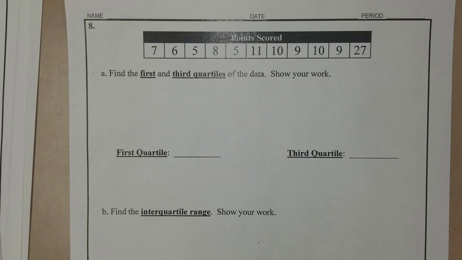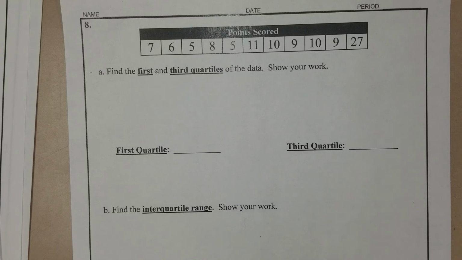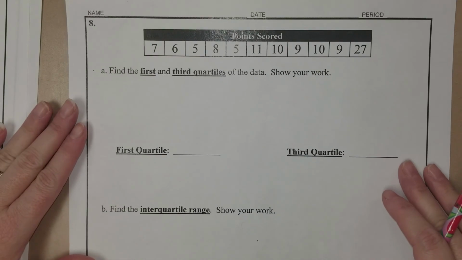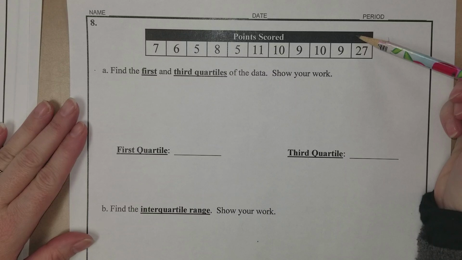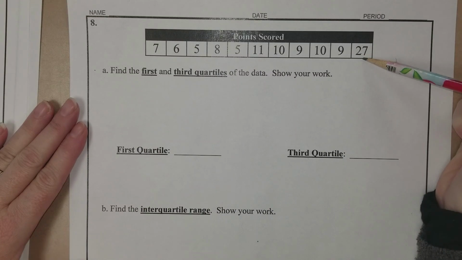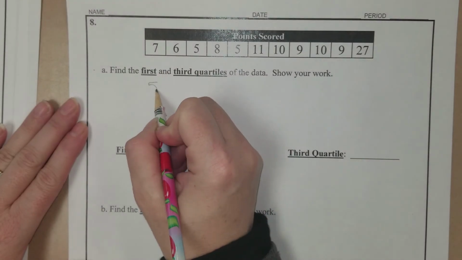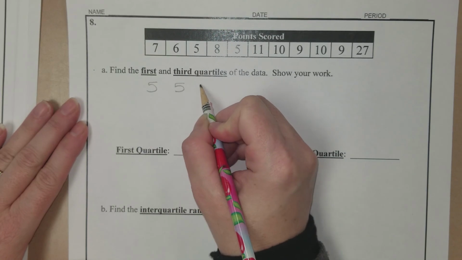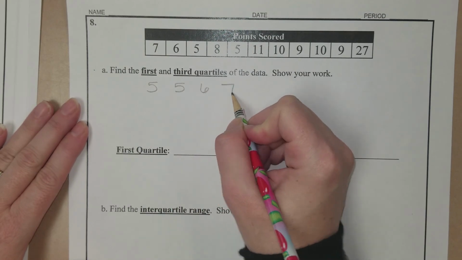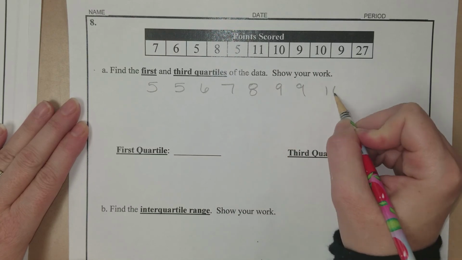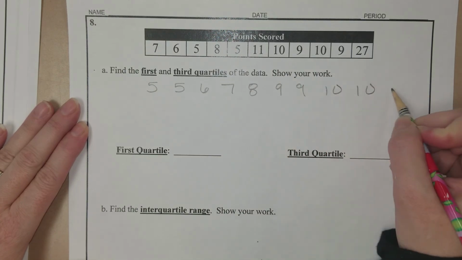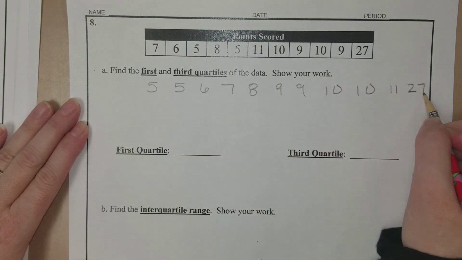Question number 8. Find the first and third quartiles of the data. Show your work. Here we have points scored during a game. The first thing we want to do is list them in order from least to greatest. So we have 5, 5, 6, 7, 8, 9, 9, 10, 10, 11, 27.